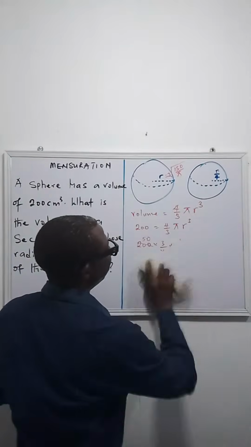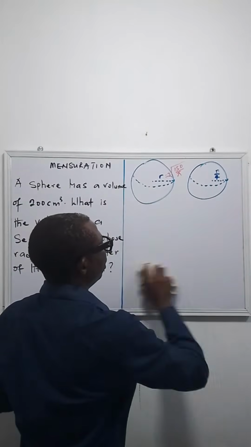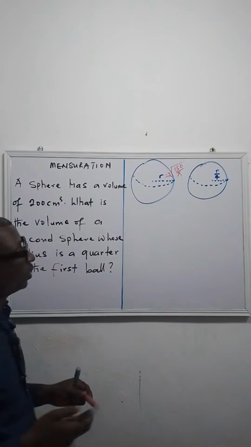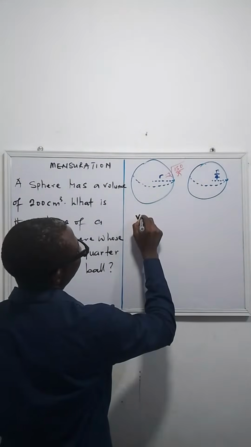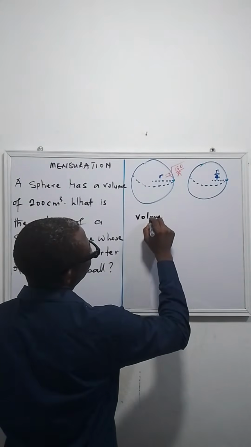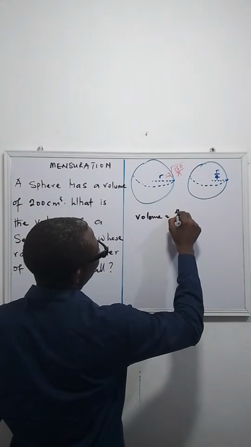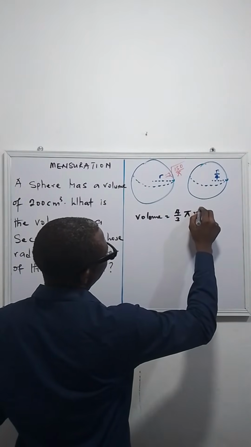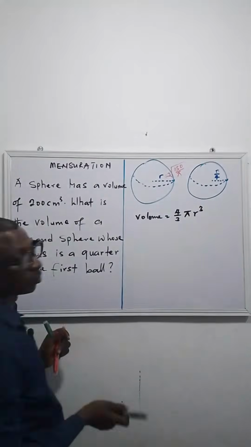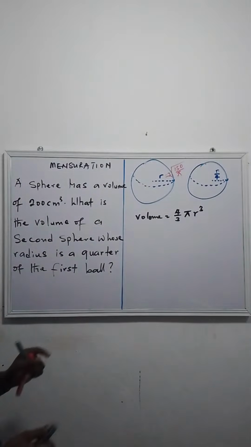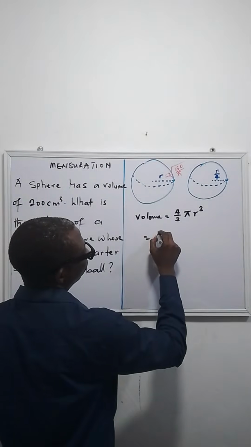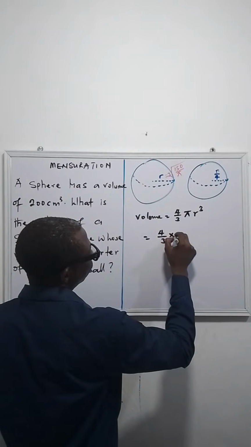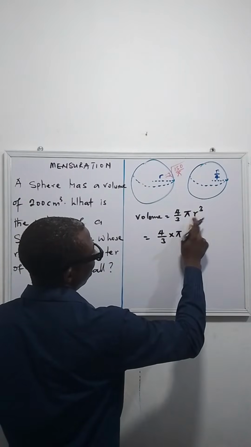So now let's get the volume of the second sphere or the ball. So what's going to be the volume? We have volume still remain 4 over 3 pi r cube. So we have the volume to be 4 over 3 times pi times r.